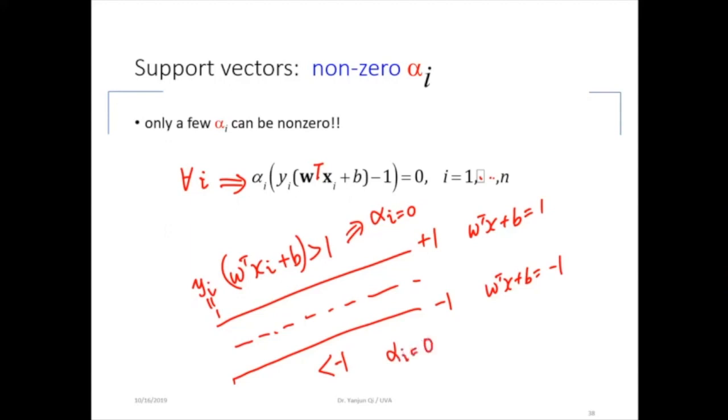And then that leaves what? It leaves only the points on the boundary to have alpha not equal to 0, because alpha_i is positive, so it's guaranteed they have to be larger than 0. Of course, bounded by C.